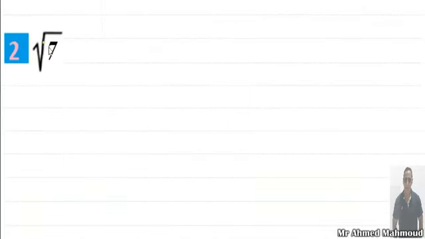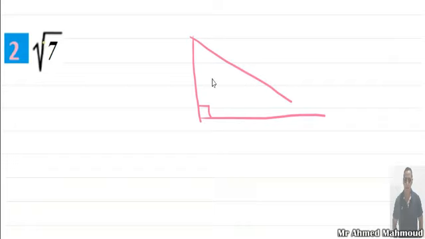Now I need to represent root 7 on the number line. Then I need to draw, as I said before, a right angled triangle like this. Its base equals root 7. Its hypotenuse equals (7 plus 1) over 2, which is 4.